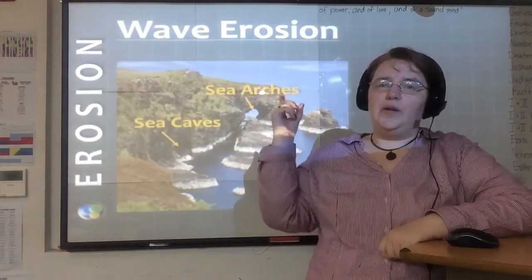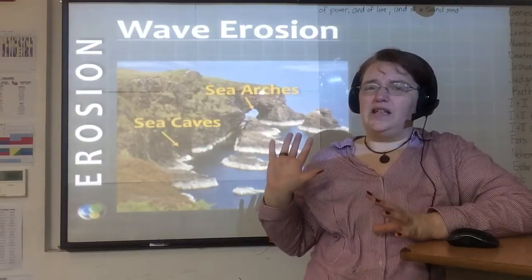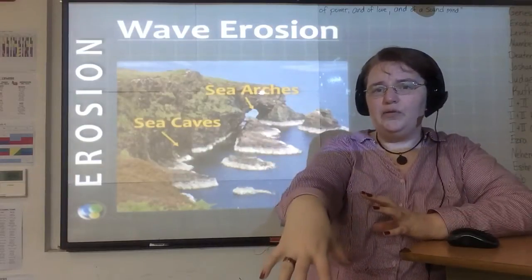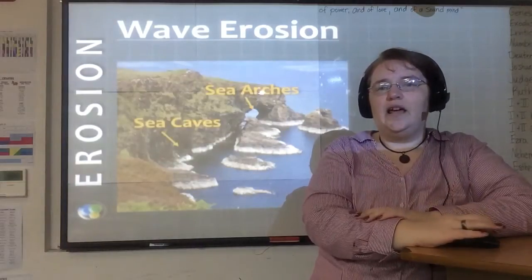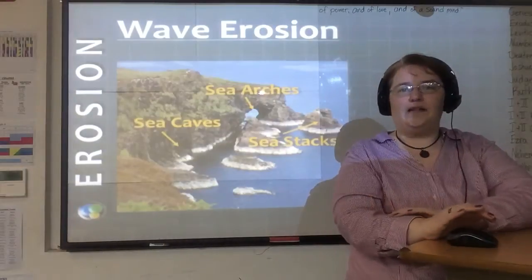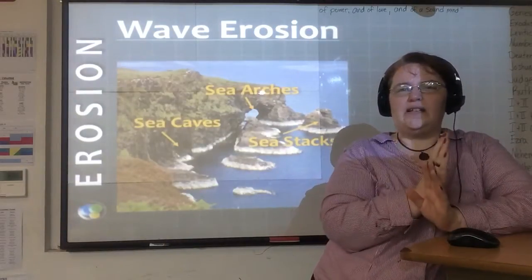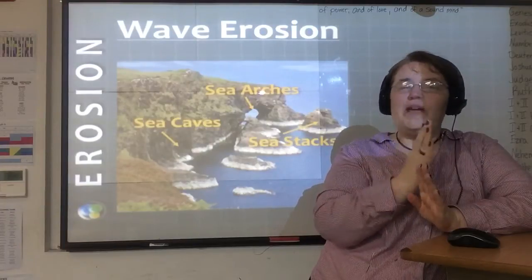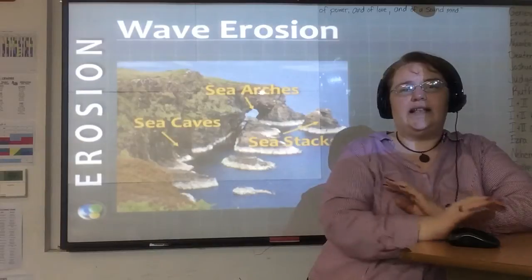Well, eventually up here at the top, you'll get what we call a sea arch, and that means that the erosion has gone all the way through, or the weathering has gone all the way through, and you can see on the other side. Well, finally, over time, you get what is called a sea stack. And a sea stack is a complete formation all by itself. It's no longer connected to the rest of the land. Sea stack.